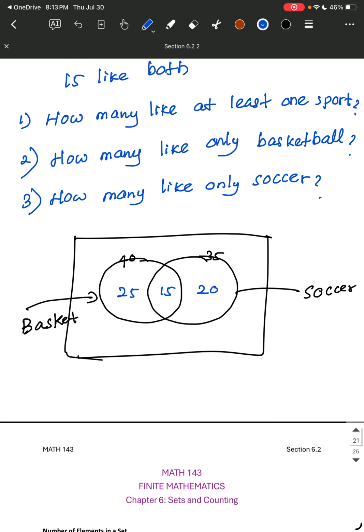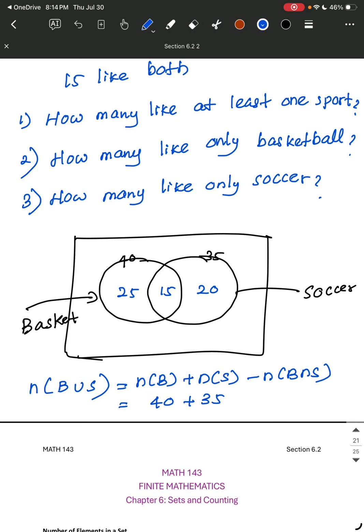Then, first question, how many like at least one sport? So, that is the number of elements in both basketball and soccer. So, NB plus NS minus NB intersection S. 40 plus 35 minus 15.